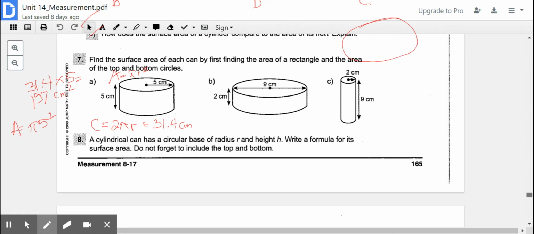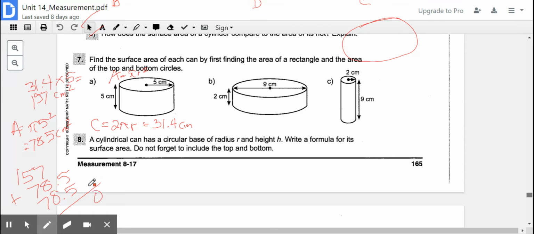So 5 times 5 is 25 times 3.14 equals 78.5. Now there's a top and there's a bottom. So my total area for this one here equals 157 plus 78.5 plus 78.5. I'm going to add those all together here.